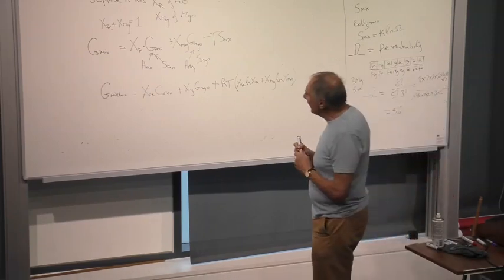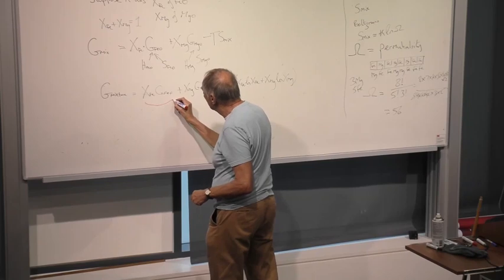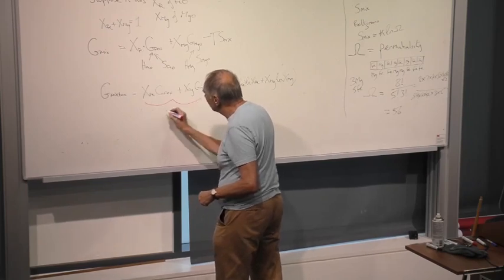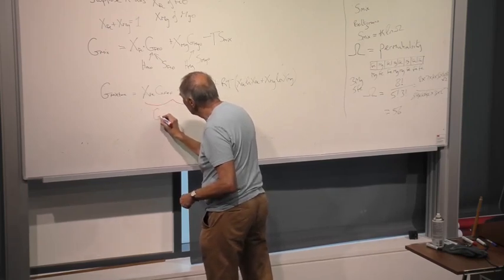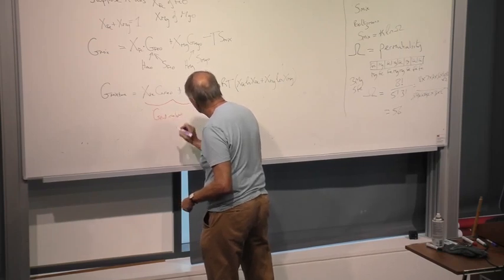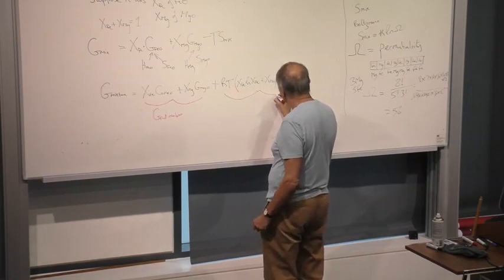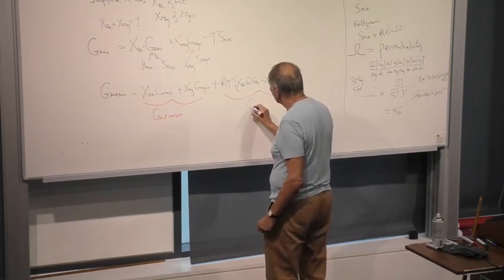So we can call this part the free energy of the end members, and that part the free energy of mixing.